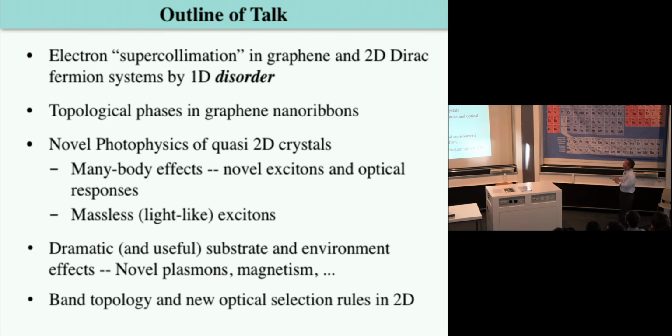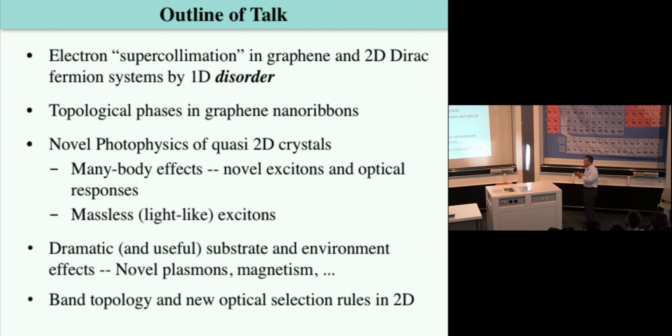Then I am going to look at the photophysics of quasi-2D systems, in particular how enhanced many-body interaction in these systems leads to interesting excitonic physics and optical responses. For example, you could have so-called massless excitons in this kind of system.